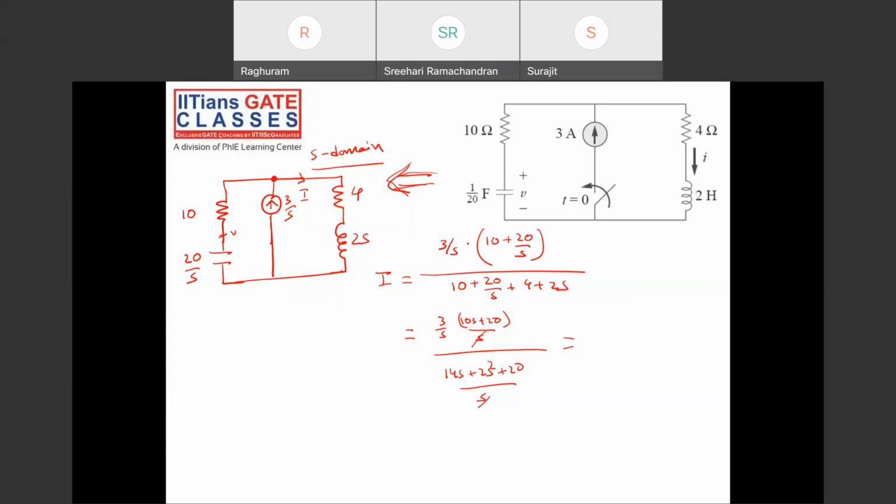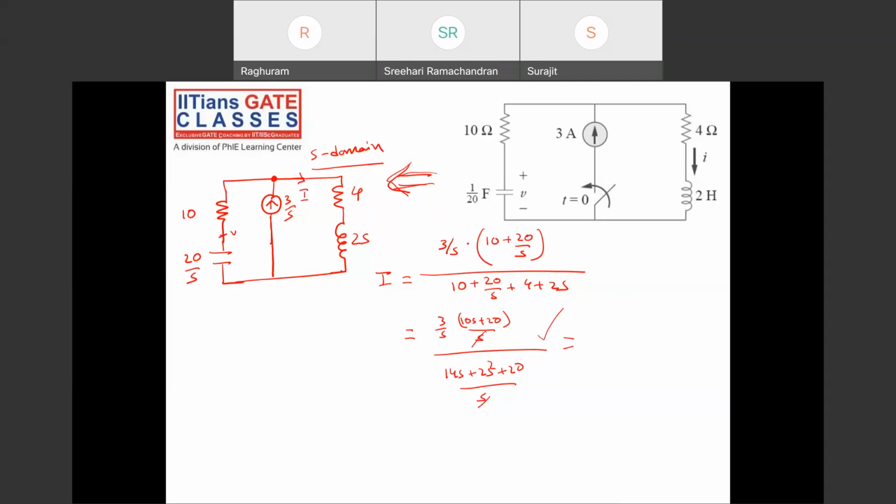R equivalent C is one time constant, and L by R equivalent is the other time constant. But it's better to do it this way. You'll get the proper time constants in this way, and after doing the inverse, you'll have both.